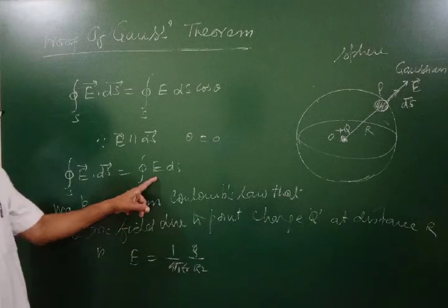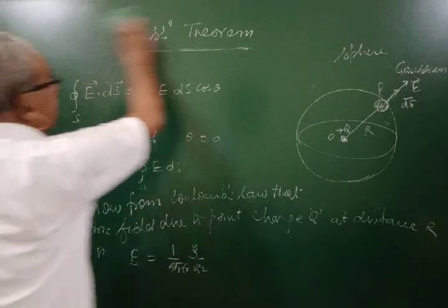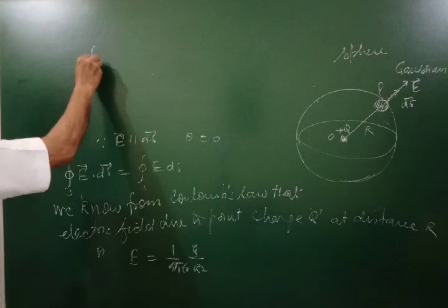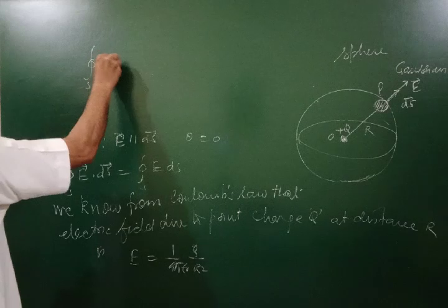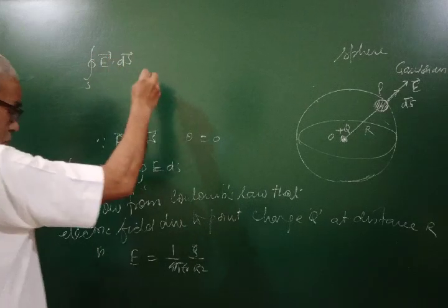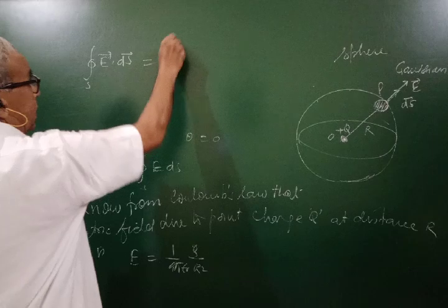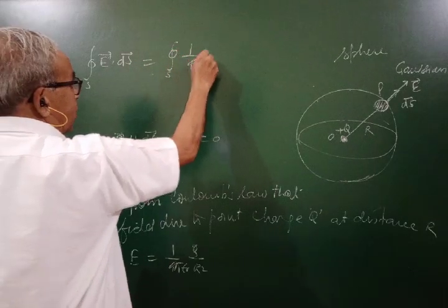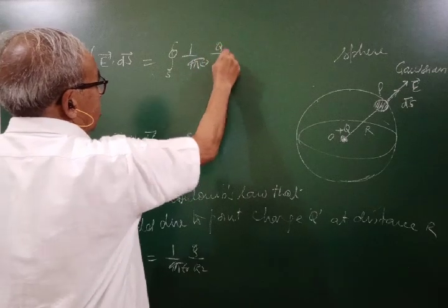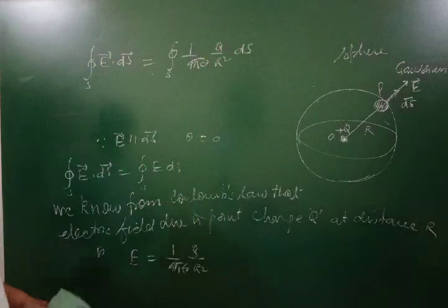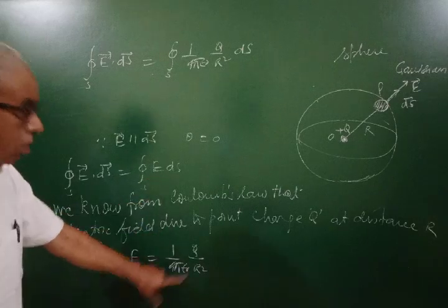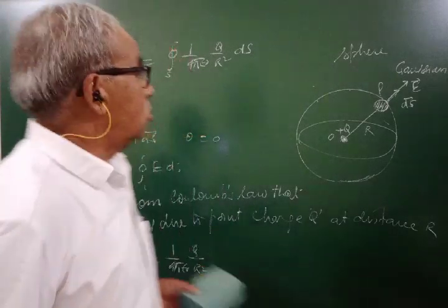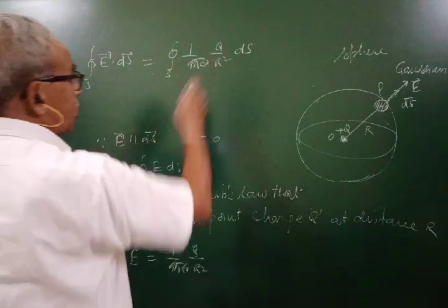So putting this value of E here, what do we get? Integration over S of E dot ds is equal to integration over the closed surface S of 1 upon 4 pi epsilon 0 Q by r square ds. Simply I have put the value of E, because from Coulomb's law we know the electric field at distance r is equal to 1 upon 4 pi epsilon 0 Q by r square.